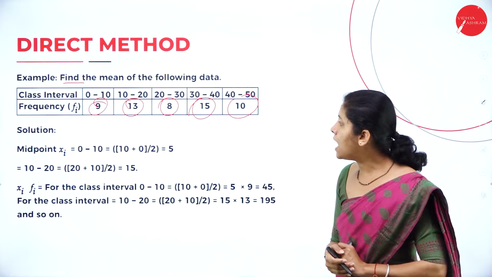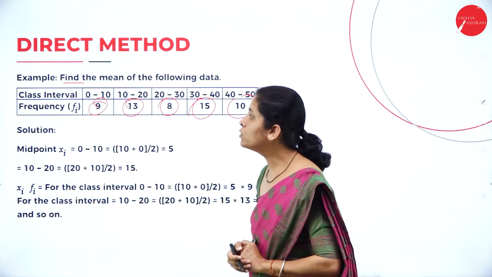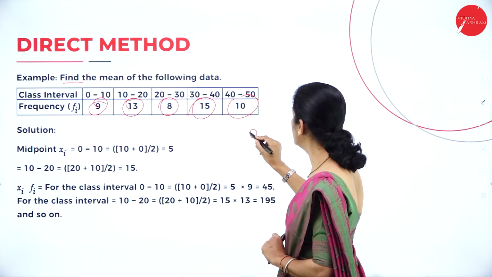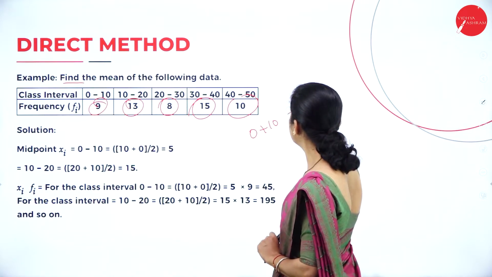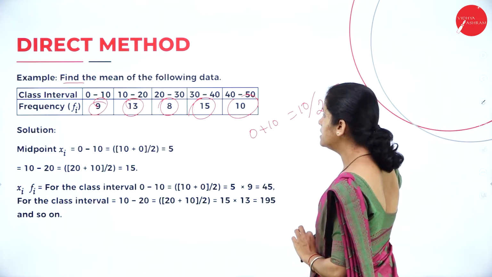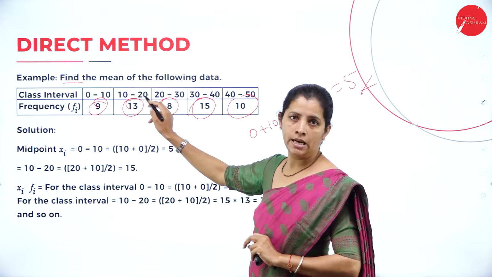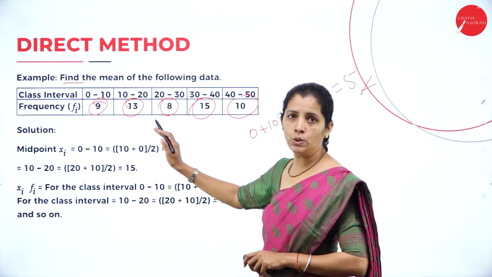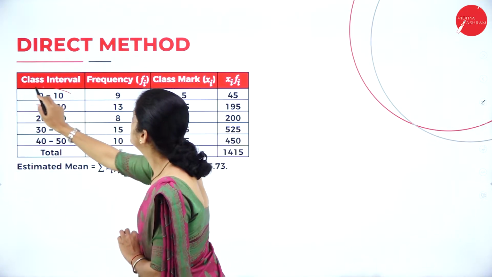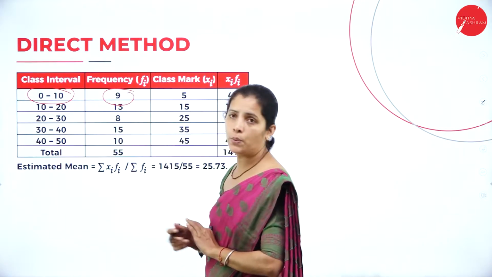Okay, fine. Now, to find the mid value, I want to consider the class interval. For example, 0 plus 10 is 10, 10 divided by 2, so the answer is 5. Next, 10 plus 20 is 30, 30 divided by 2 is 15. Here, this is my class interval and this is my frequency.